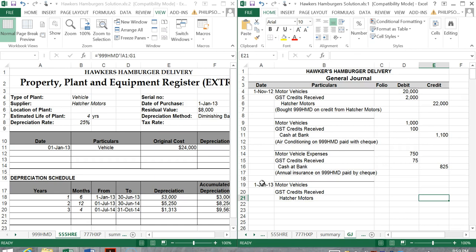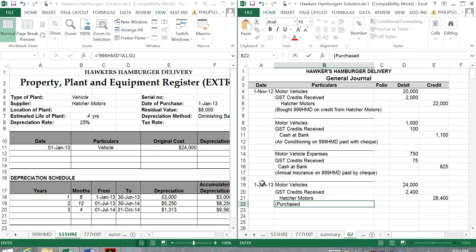Gross amount of the transaction. Okay, this one's a little bit different. This is 24,000 plus GST, so we can go to the motor vehicle account. 24,000 plus GST, so equals 24,000 times 0.1 to arrive at that figure. And so our gross amount, therefore, is 24 plus 2,400.